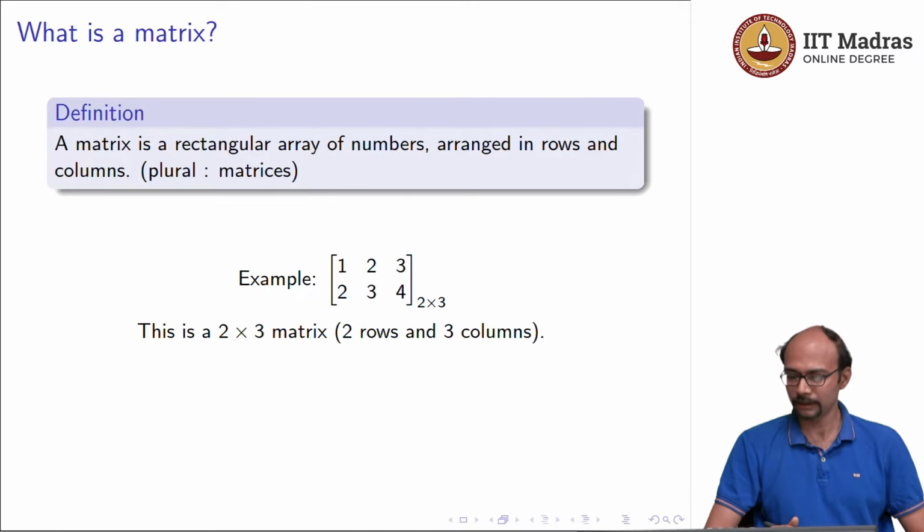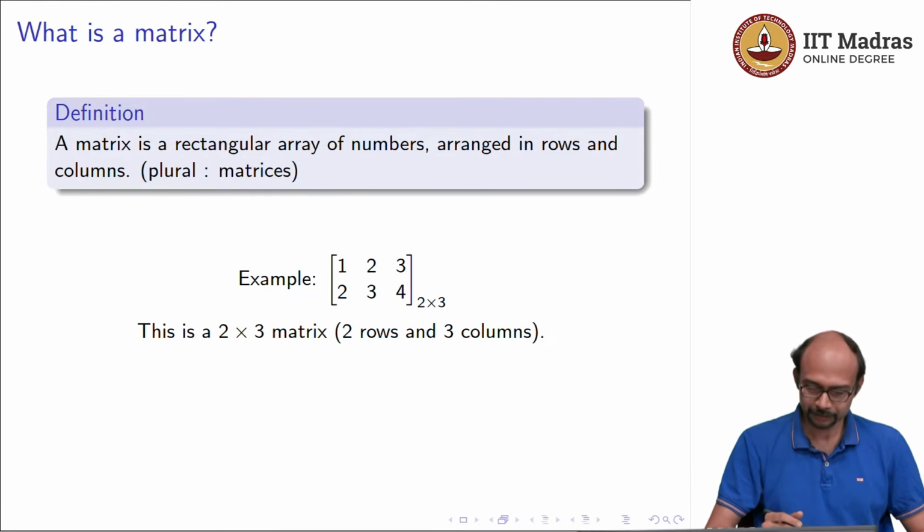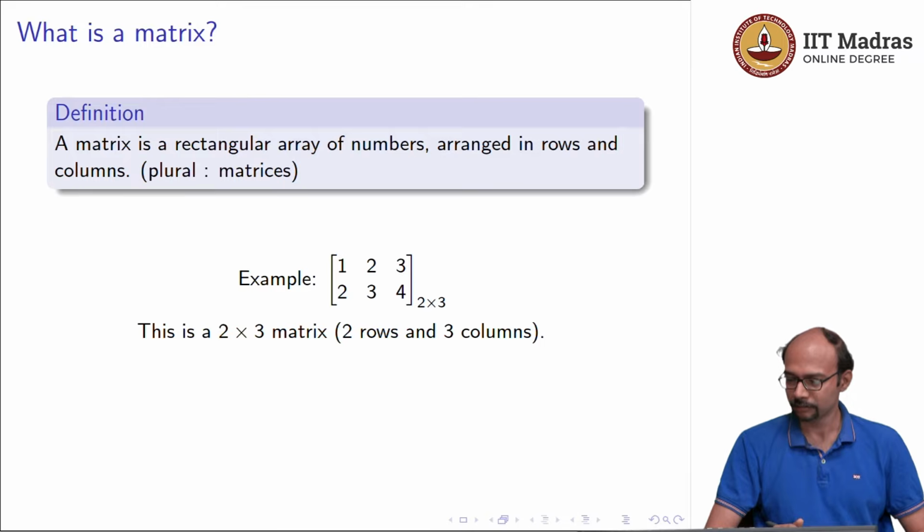So this is what is called a 2 by 3 matrix. The 2 refers to how many rows there are in this matrix, and the 3 refers to how many columns there are. The 2 by 3 is written to the right of this matrix, slightly below it.